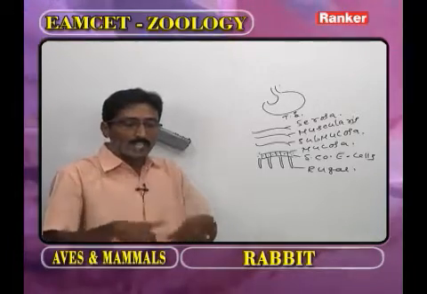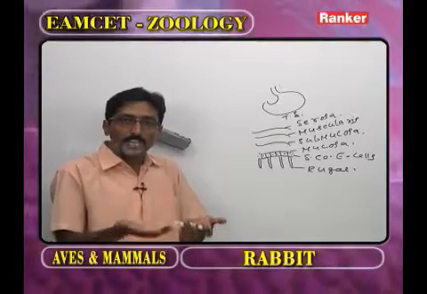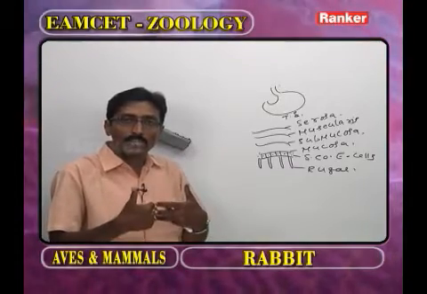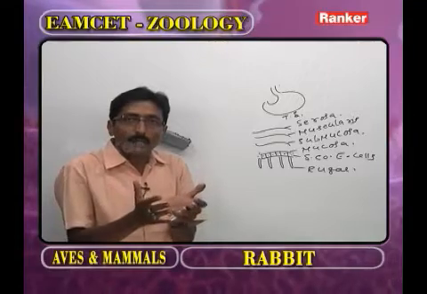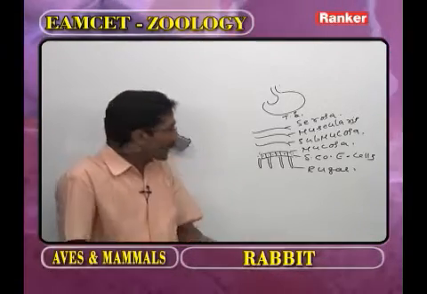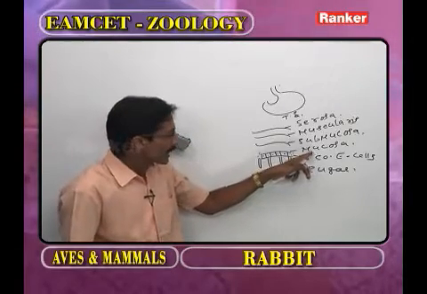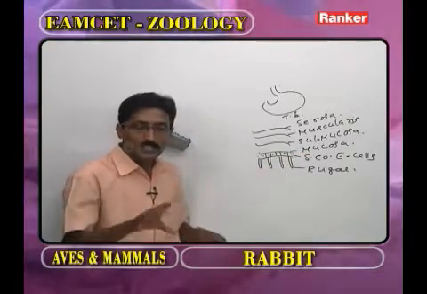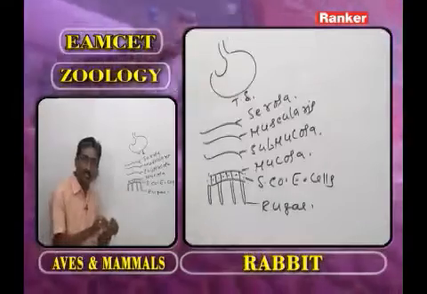Sometimes we take more and more food materials. If we take a large amount of food, the stomach accommodates it, because in the stomach the innermost layer is mucosa. The mucosa has finger-like foldings, called rugae.